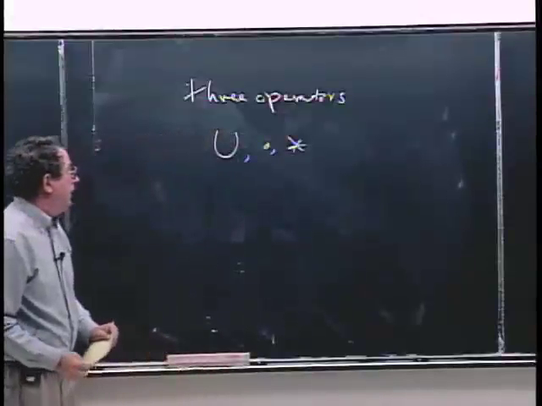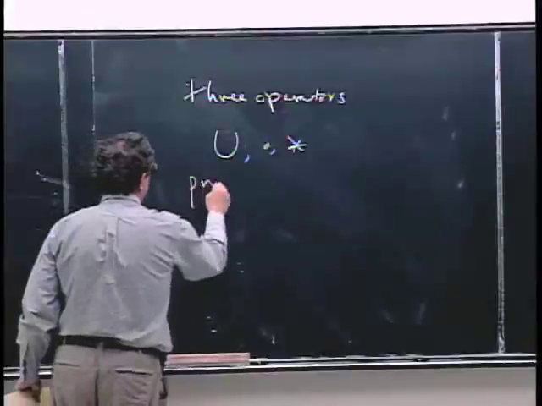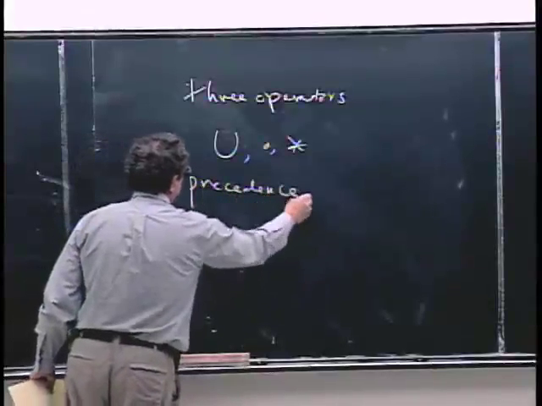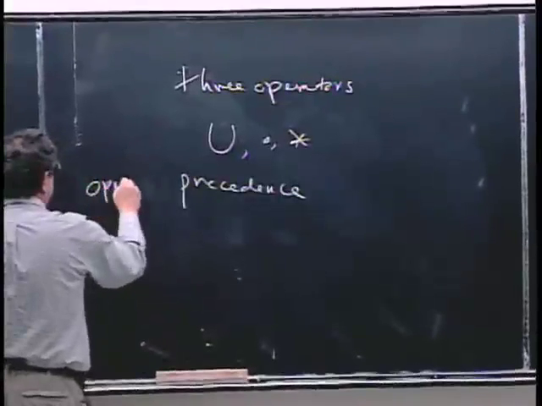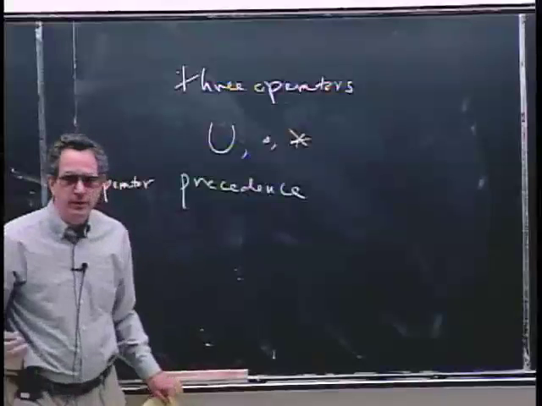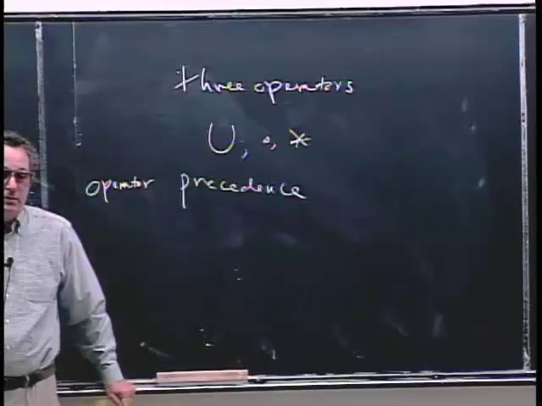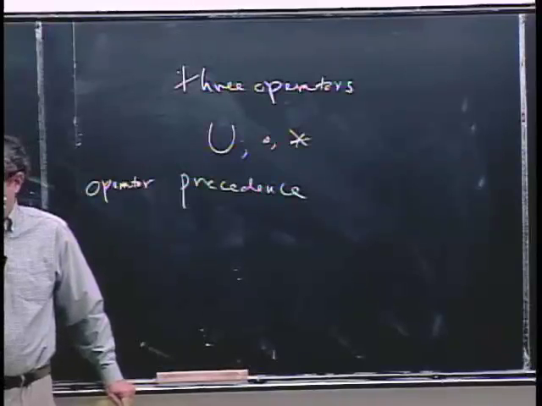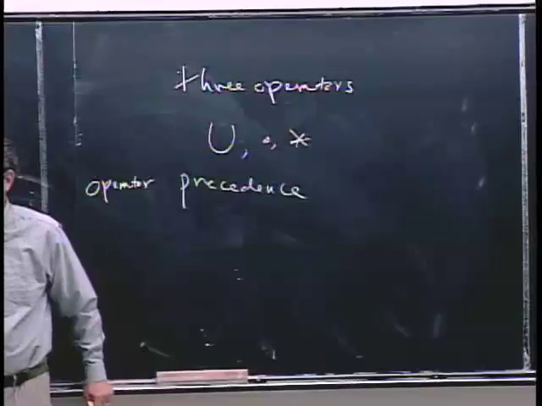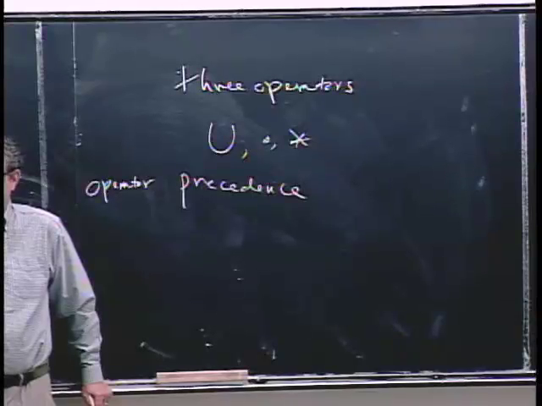And there's an operator precedence, just like if we were talking about arithmetic, where we have plus, minus, multiply, and divide. Which operation has greatest precedence? Actually, there can be ties. Let's just say plus and multiply.